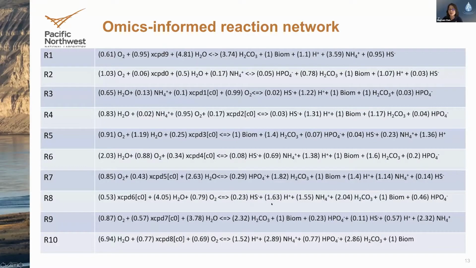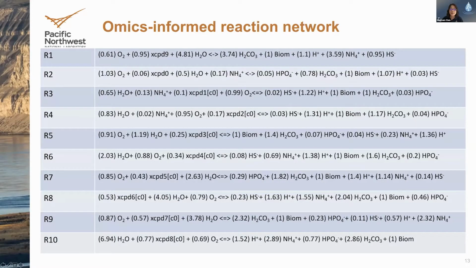example. So you can see the reactions are a lot more complicated. It's not only in terms of the number of reactions, but the species have more details in what kind of organic carbon species is in each reaction.